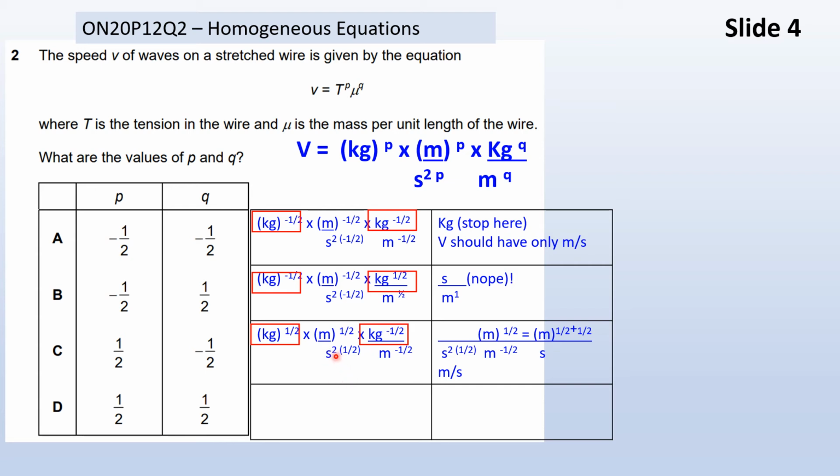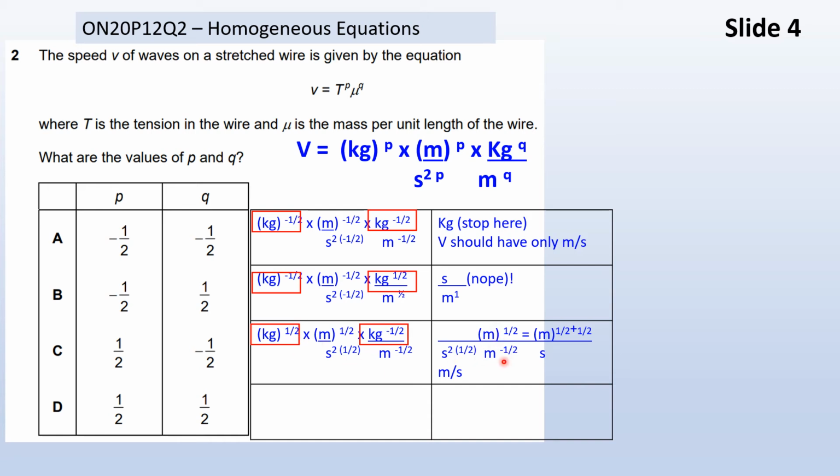So now let me look at meter and seconds. So meter here is half, okay, half. And second is this guy right here. And then I have this other guy right here. So after eliminating kilograms, this is what is left.